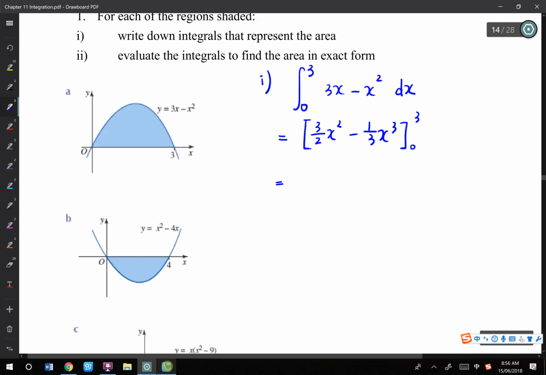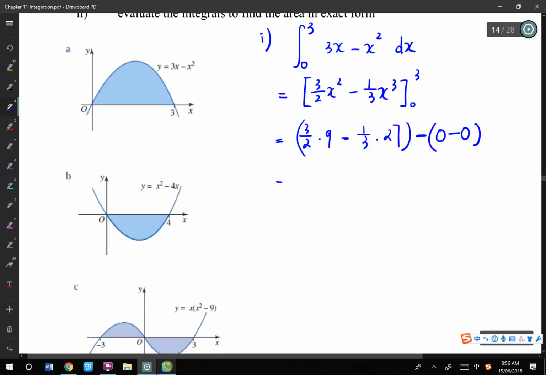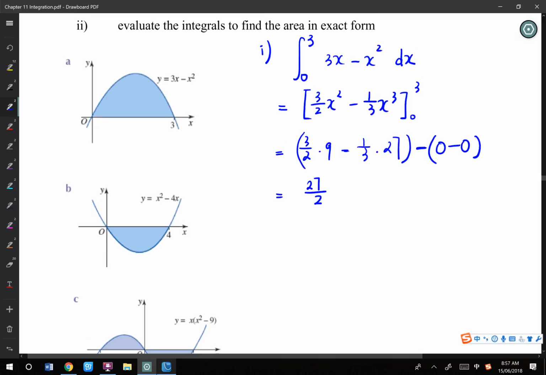So I put 3 in. That's 3 over 2 times 9 minus a third times 3 cubed, which is 27. Minus, you sub 0 in, you have 0 minus 0. So f(3) minus f(0). This is minus 9. 9 is 18 over 2.